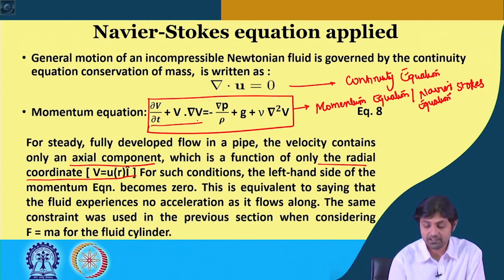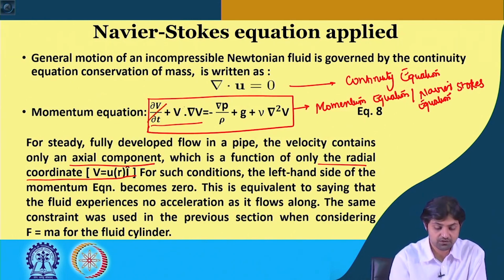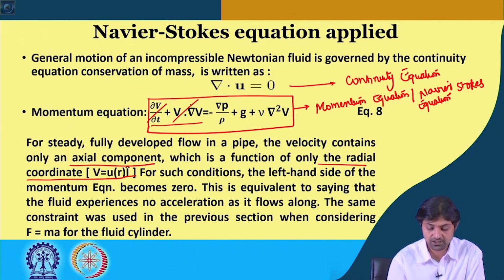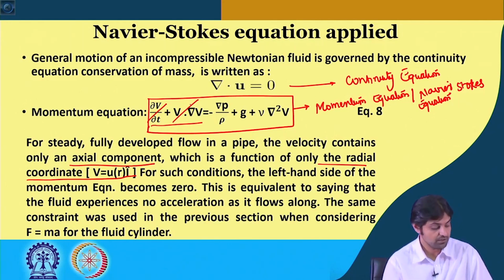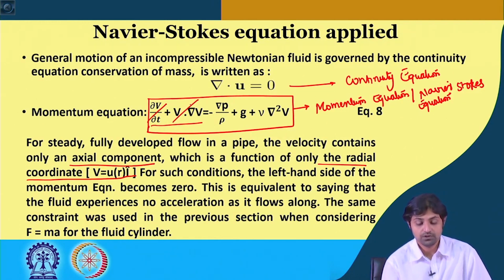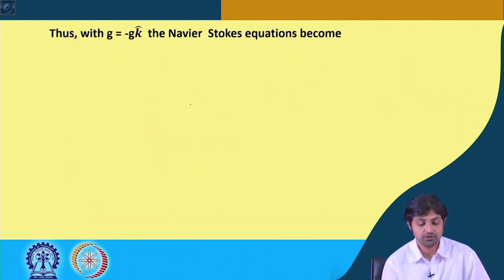This is equivalent to saying that the fluid experiences no acceleration, it flows along. So convective acceleration and everything is 0. This is local acceleration, this is convective acceleration. Okay, the same constraint was used in the previous section when we considered F is equal to ma for fluid cylinders. So left side of the Navier-Stokes equation becomes 0 because there is no acceleration in the flow.